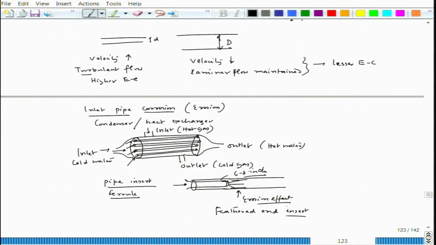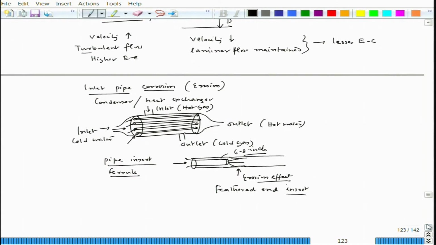So, it is better to use a ferrule, so that the 6 inch ferrule can be removed quickly and then the heat exchange process can be restarted immediately. So, this is one such instance of design where erosion corrosion can be avoided to a great extent using a pipe insert or ferrule. Okay. So, this is another particular instance one can think of.